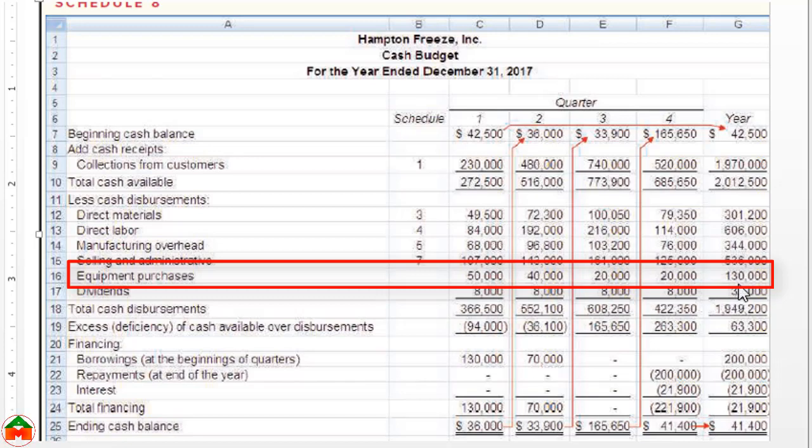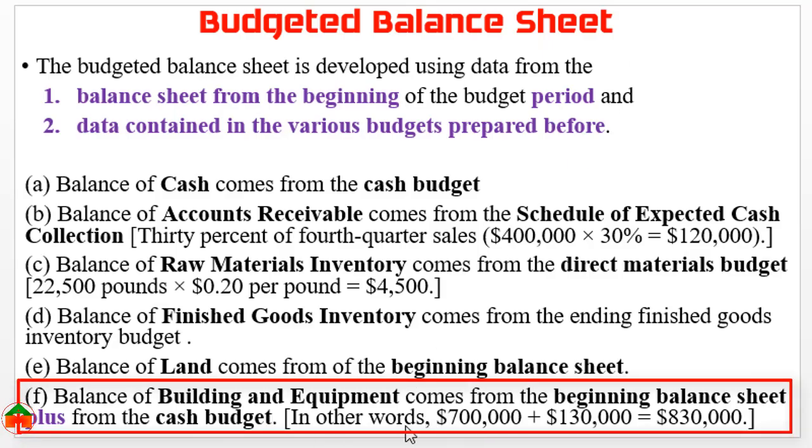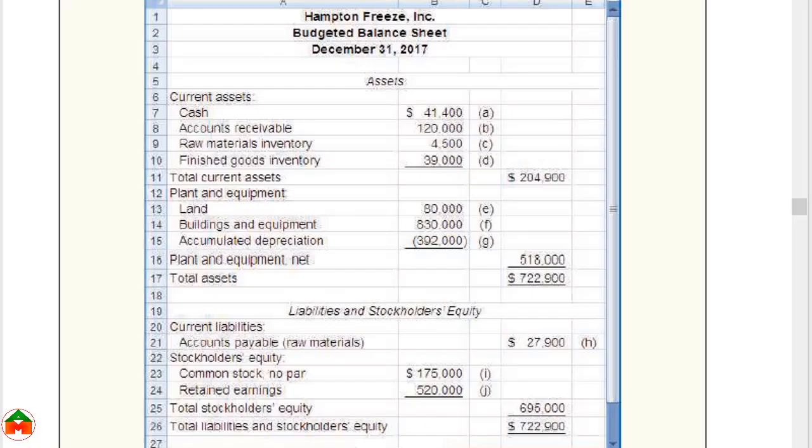This 130,000 would be added with the opening balance of equipment. That means our opening balance is 700,000, and our purchase of equipment is 130,000. Total closing balance of building and equipment would be 830,000.